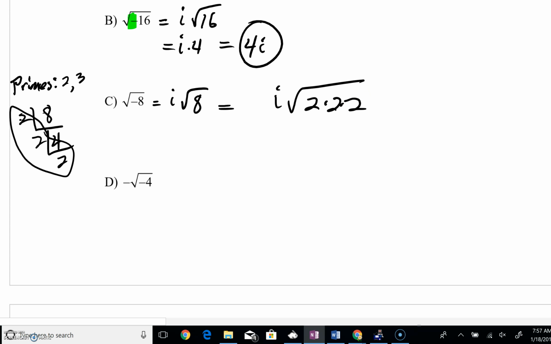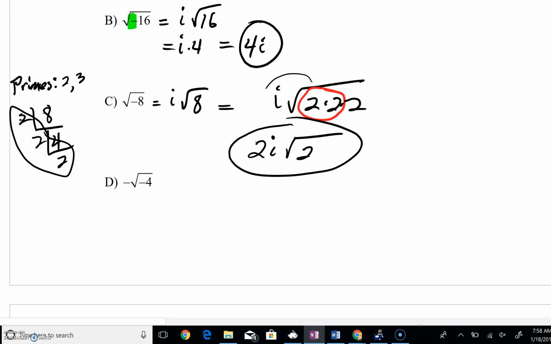Now, the big question is then, can I find any doubles? I can. I've got a pair of 2s. So that means pull one of your circled items out, ignore the other one. Whatever you didn't circle, you leave it there. Your final answer, guys, is 2i radical 2.